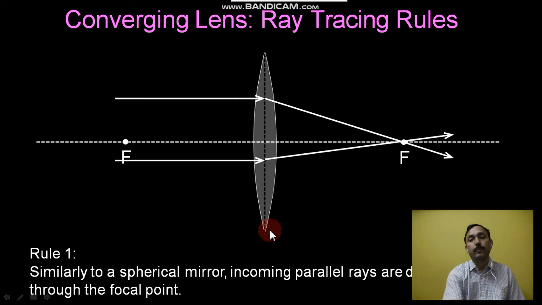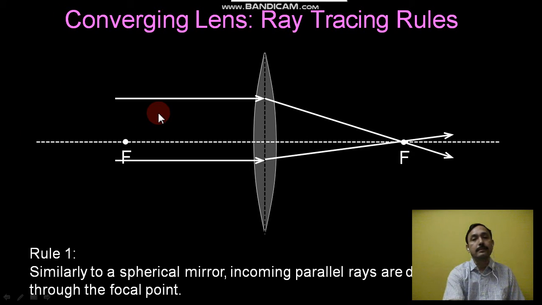This is the biconvex lens. This is the principal axis. This one is the principal focal point or first focal point. This is the secondary focal point, or second focal point.